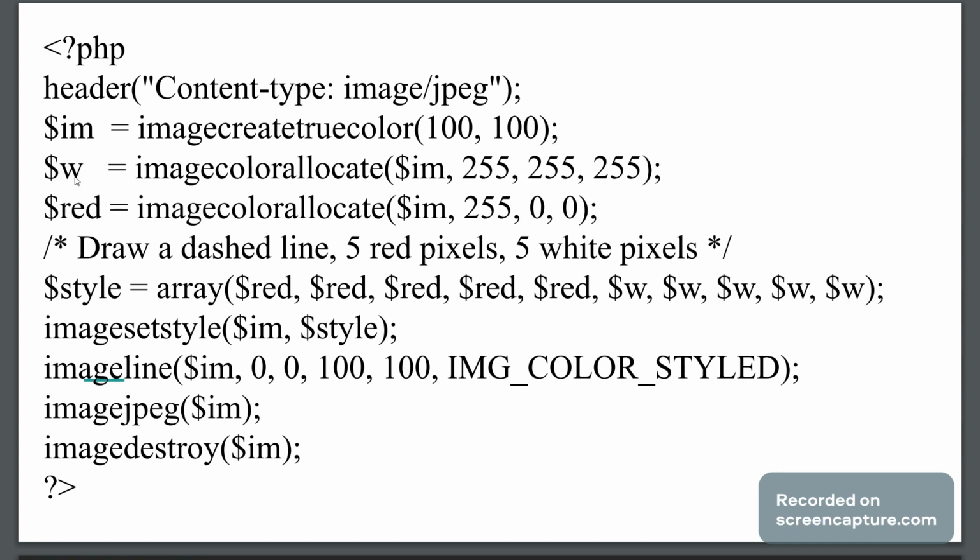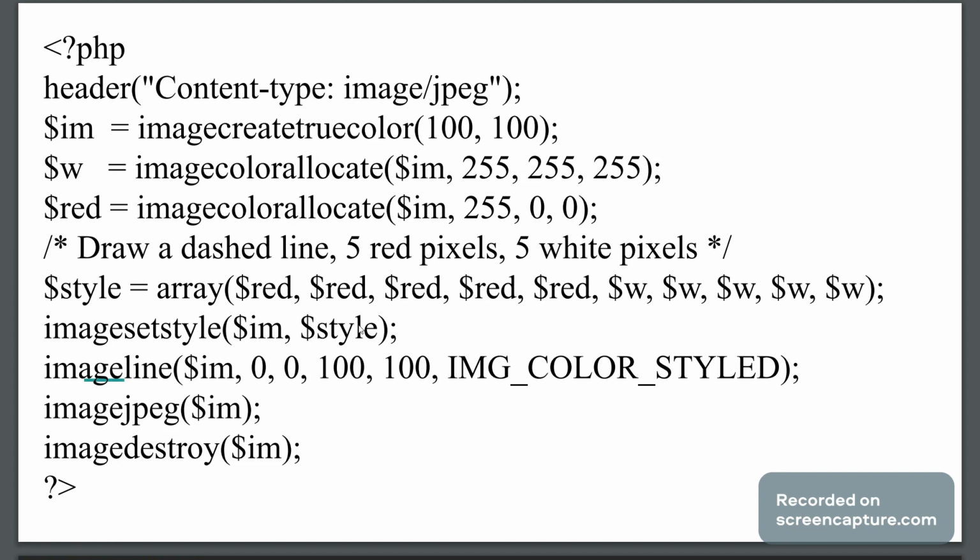So we have created two colors, white and red, and we want to draw a dashed line with 5 red pixels and 5 white pixels. So in this style parameter we are creating an array with 5 red values and 5 white values.